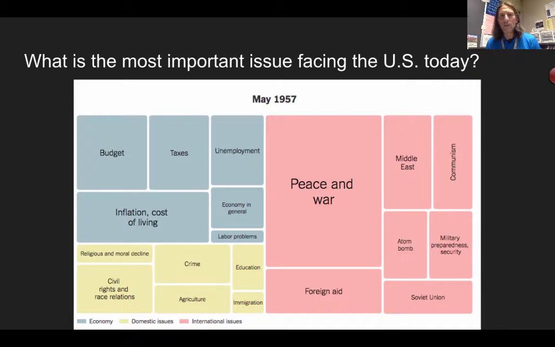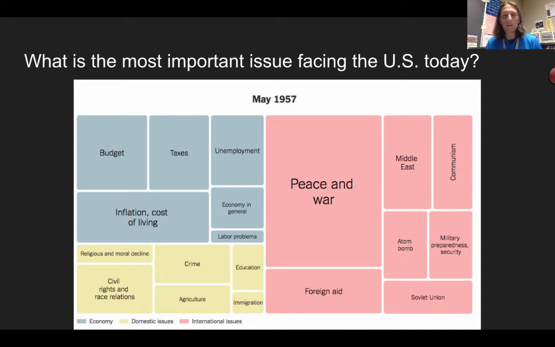So when we look at the U.S. in 1957, what is it that's keeping people up at night? When we start talking about prosperity and anxiety, the prosperity piece, the blue over there, has really shrunk; people aren't nearly as worried. They still are a little bit, but not nearly as much as they were before.